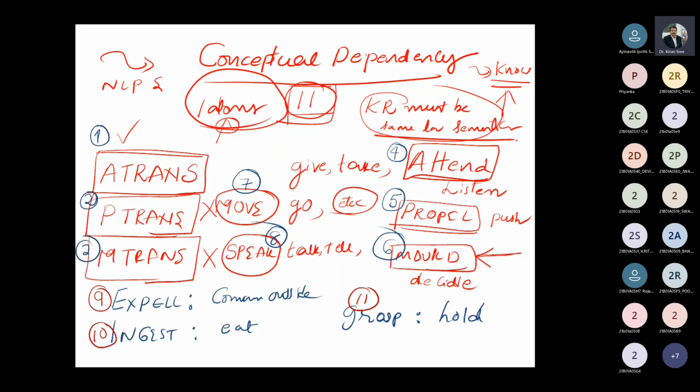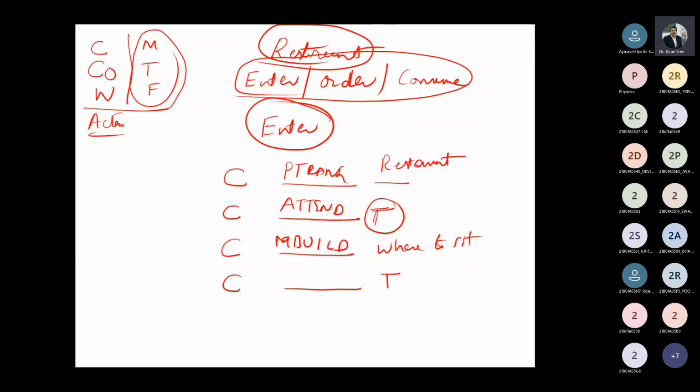Then I have decided where to sit, you said it is MBUILD. Then I need to go to that particular place and sit. I have to physically move to that place and sit. Is it right? So what primitive do I have to use? PTRANS. Yes, I have to use a PTRANS to the table, and somewhere I sat.